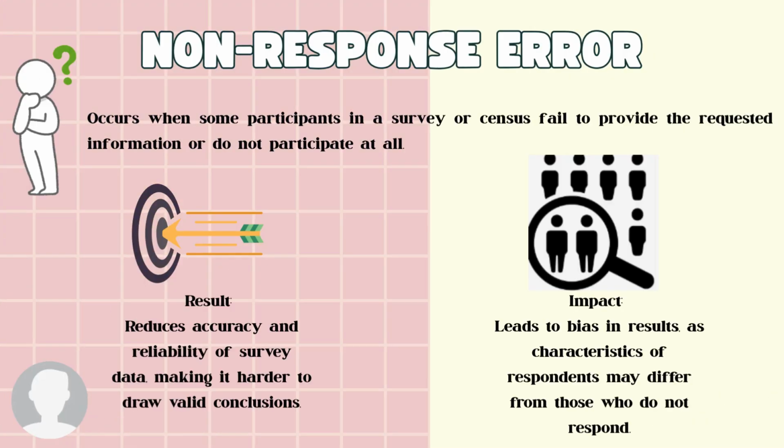Finally, we will look at the non response error. The non response bias arises when some participants fail to provide the requested information or choose not to participate. This reduces the accuracy and reliability of the data, as the characteristics of those who respond may differ significantly from those who don't.